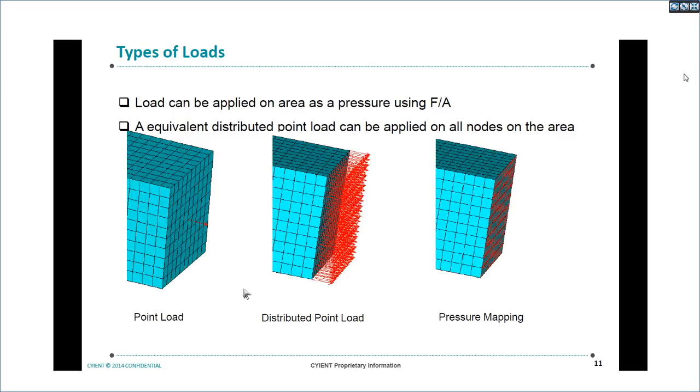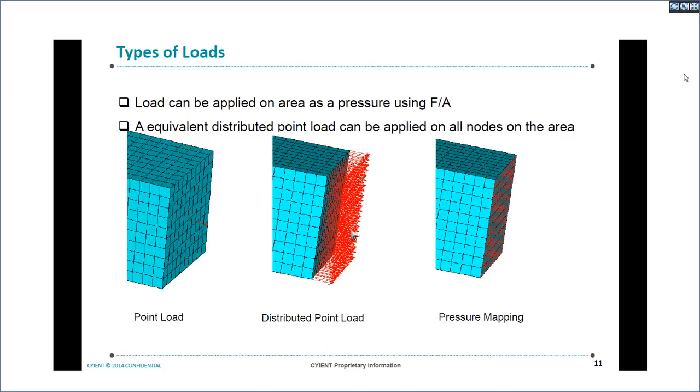So what is the important understanding here? We should avoid applying load on a single node. Then how do we apply load? Apply it on the area. One way is to apply a distributed point load.